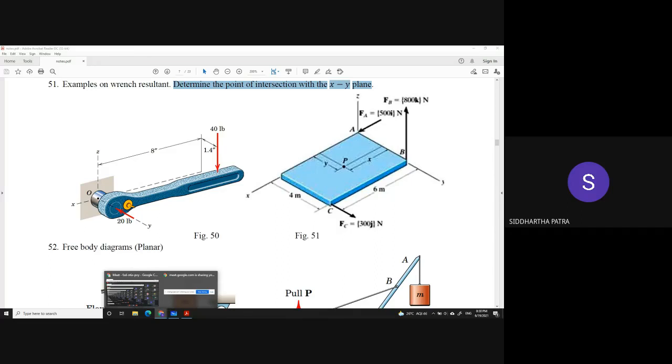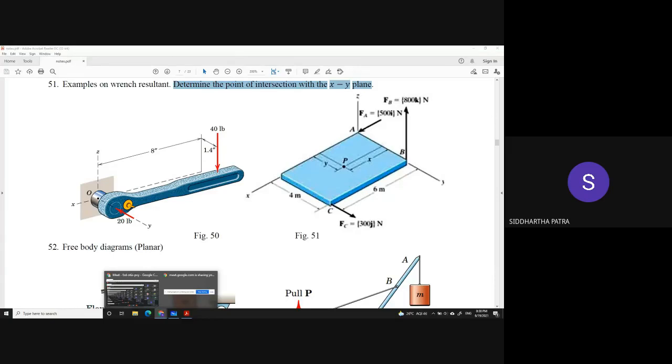And with respect to that unknown position vector of P, you can get the equivalent force system at P. So let's say the position vector of B should be minus x i plus 4 minus y j meter. You can continue doing that, and in this way, for example, the position vector of A should be minus x i minus y j meter.